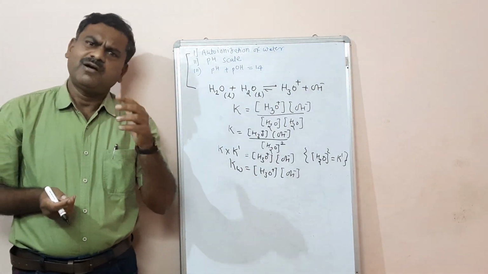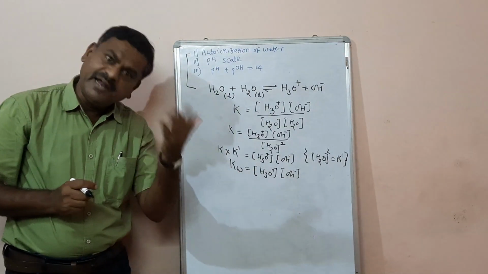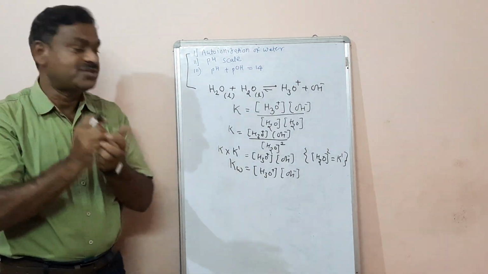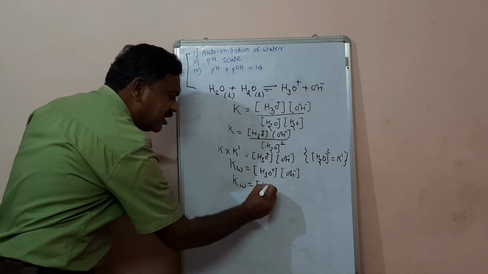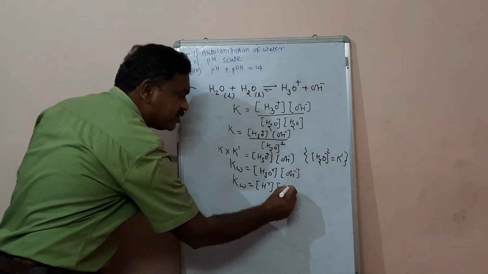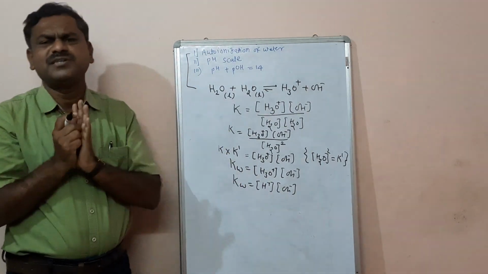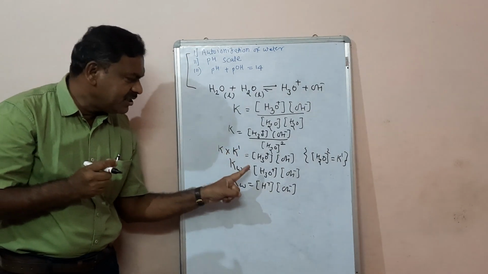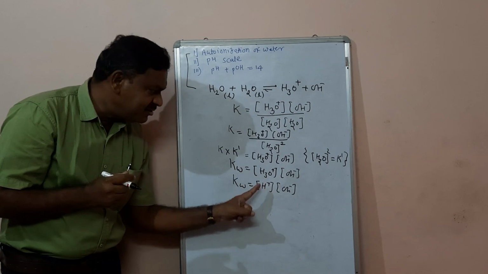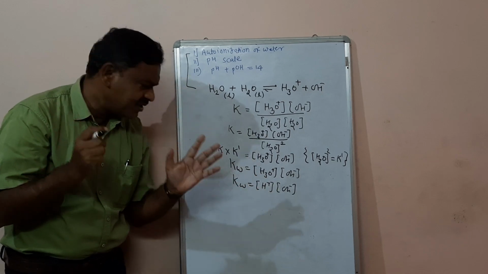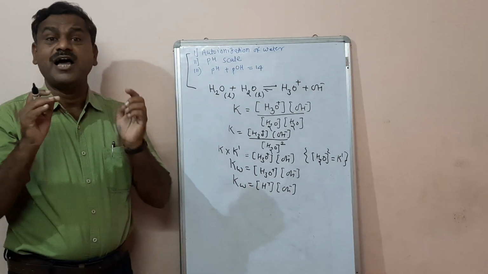Now, for the sake of simplicity, instead of the hydronium ion, you can write also the hydrogen ions, so Kw equals H plus into OH minus ions. In a solution, instead of the H3O plus, you can write the H plus. That is the same. Means Kw equals H plus into OH minus ions.